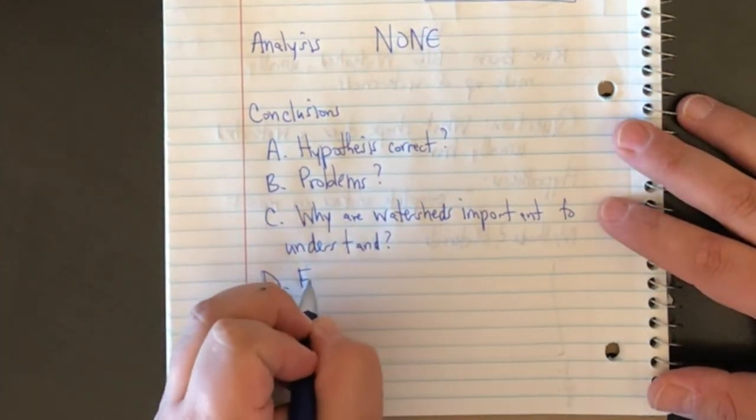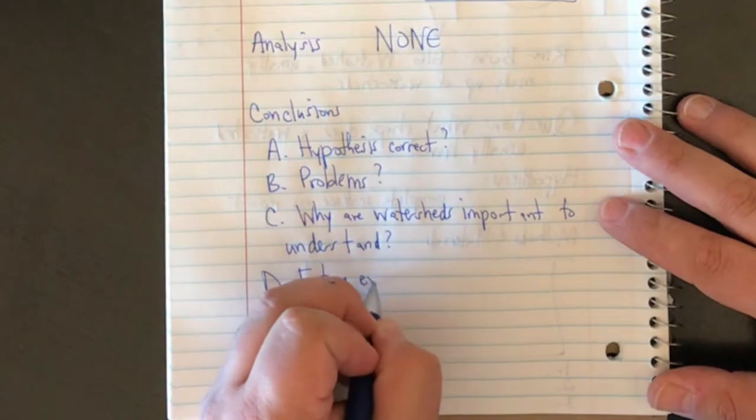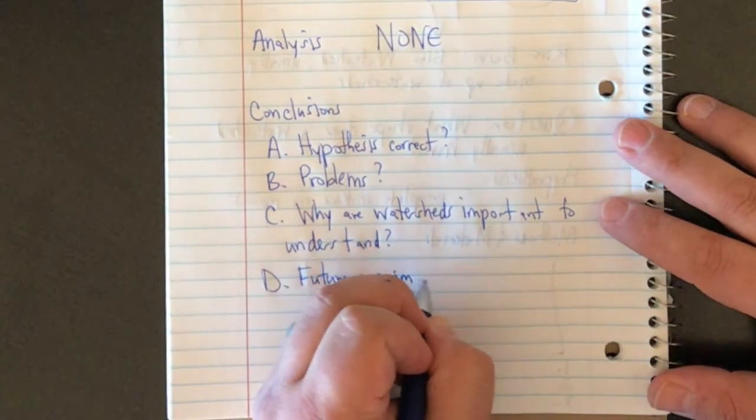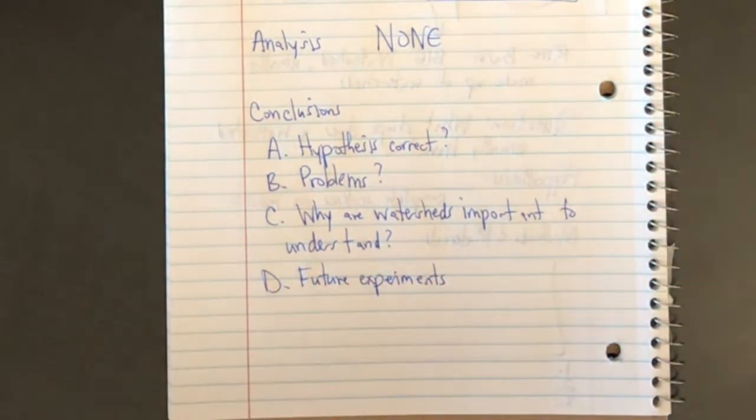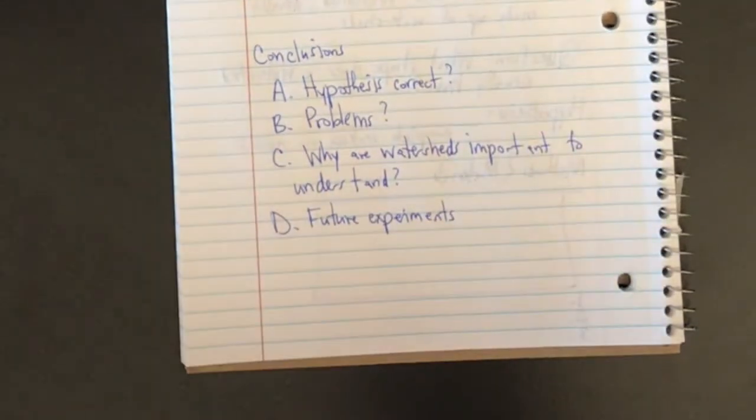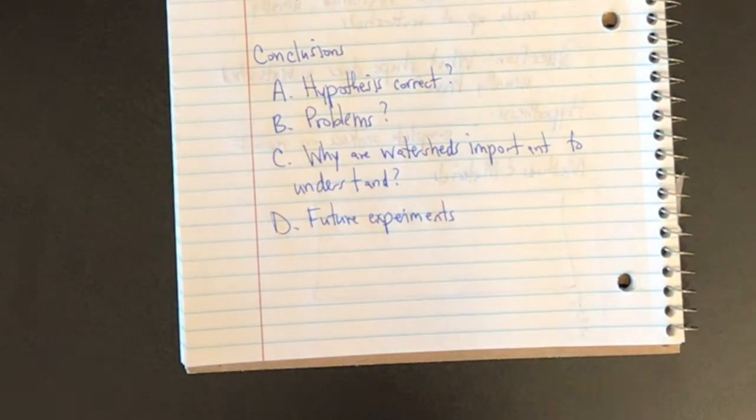And lastly, what are ideas that you have for future experiments? Okay? Now, we'll do the lab in class tomorrow, and your lab report will be due 1 week later. You'll get tons of reminders from me, but you now have all the information you need to do that, and you will receive a Google Classroom assignment to do your lab report on the same day as the lab. Now, continue watching to see a preview of what the lab looks like.